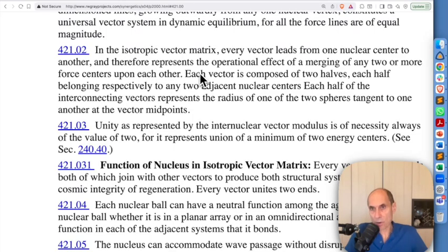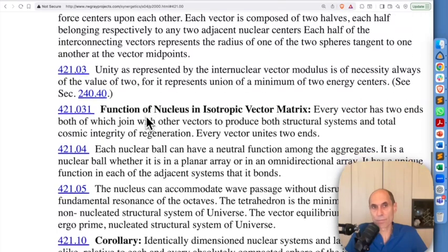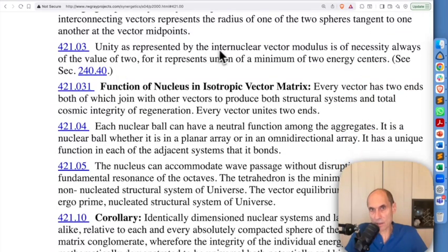Each vector is composed of 2 halves, each half belonging respectively to any 2 adjacent nuclear centers. Each half of the interconnecting vectors represents the radius of one of the 2 spheres tangent to one another at the vector midpoints. Unity, as represented by the internuclear vector modulus, is of necessity always of the value of 2, for it represents union of a minimum of 2 energy centers.